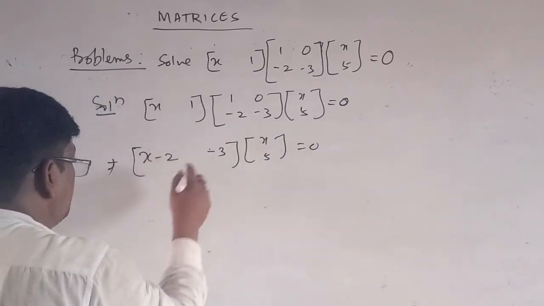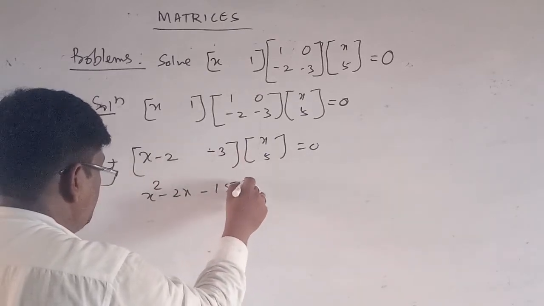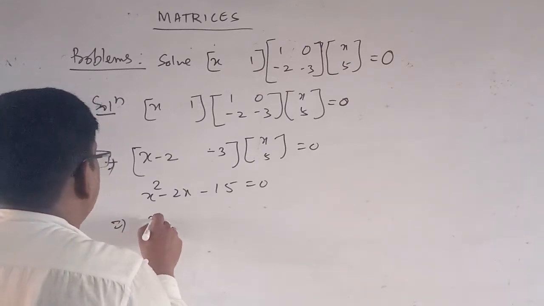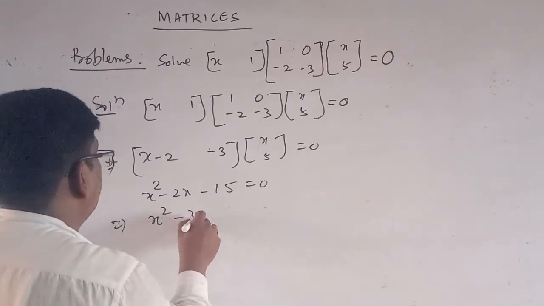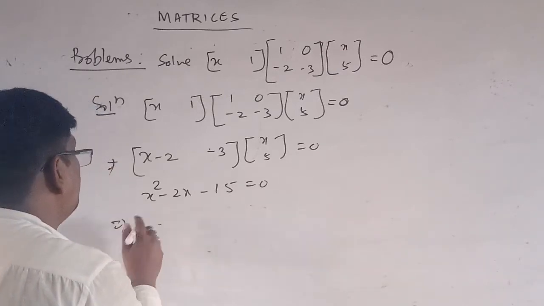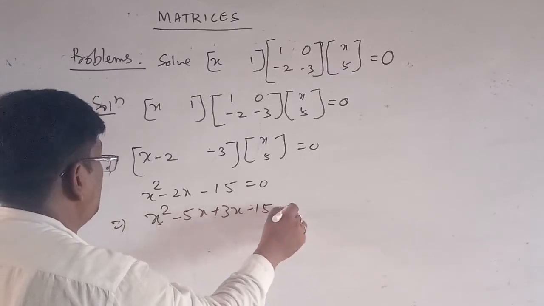That is x square minus 2x minus 15 is equal to 0. So factorize: x square minus 5x plus 3x minus 15 is equal to 0.